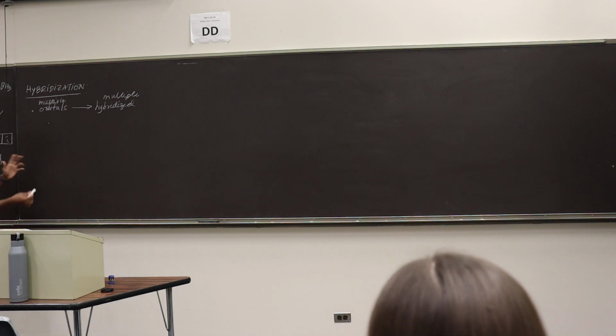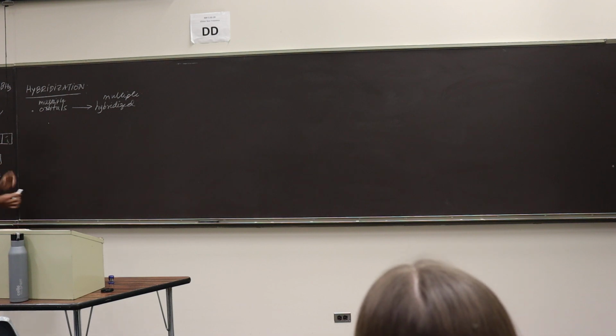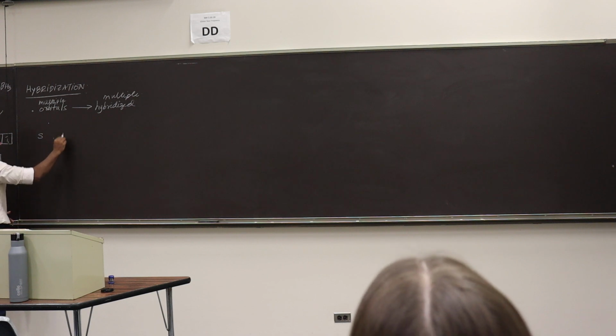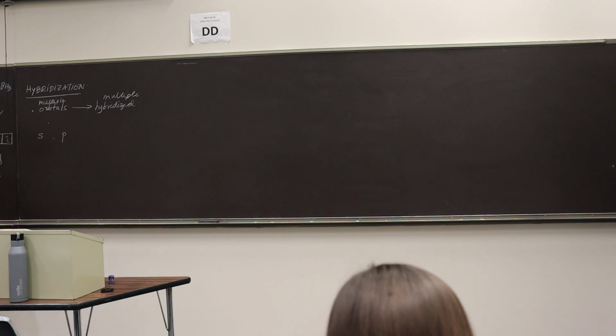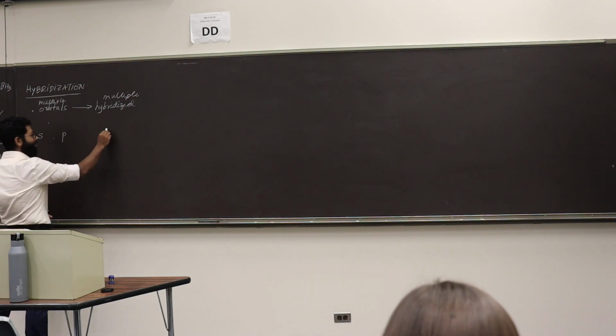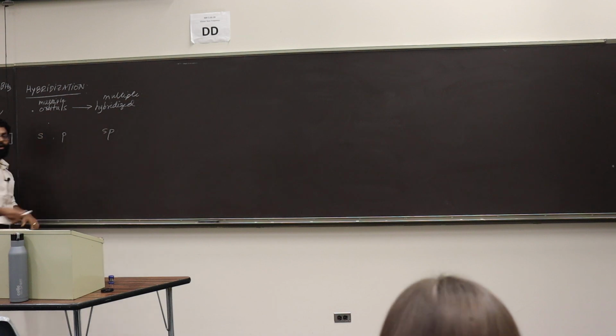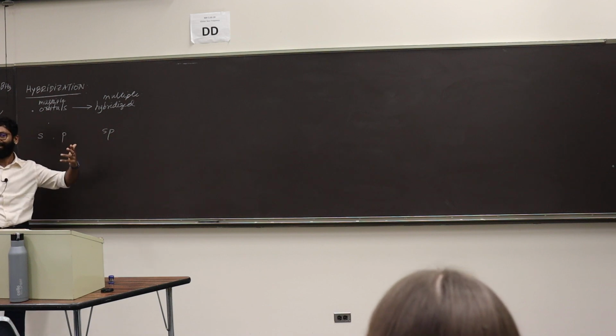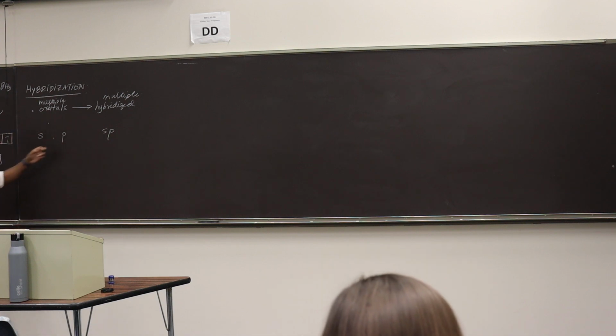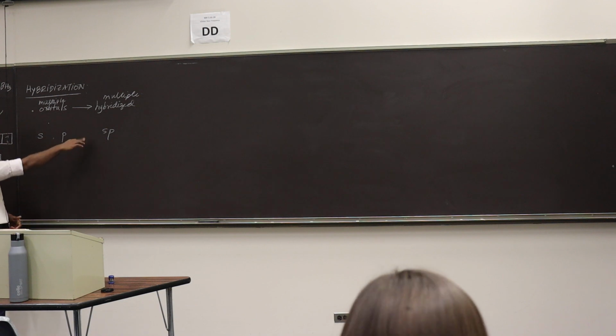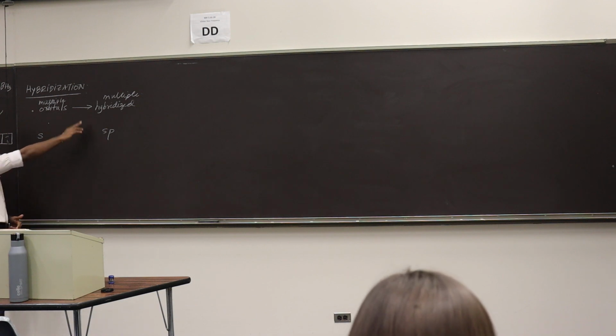Okay. Now, let's try and see from an example. If an s and a p orbital come together, they will form an sp hybridized orbital. So one s orbital and one p orbital, we form sp. The number of these orbitals will match the number of hybridized orbitals.